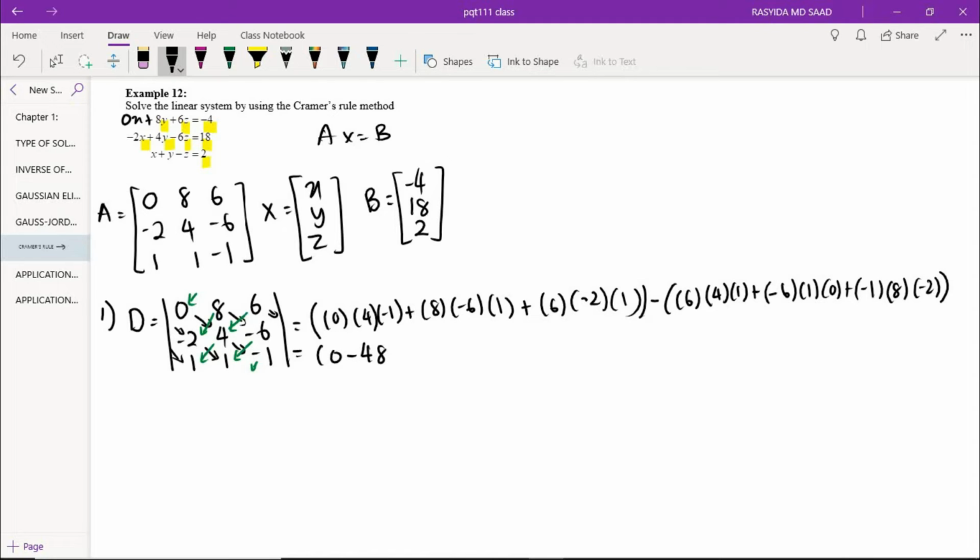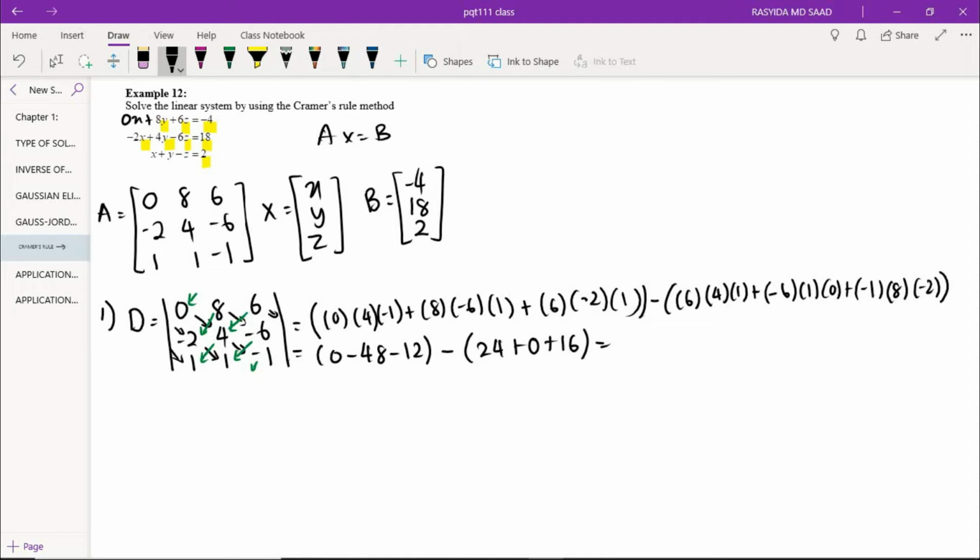Then 6 times negative 2 times 1, you get negative 12. Minus 6 times 4 times 1, 24. Negative 6 times 1 times 0, you get 0. And negative 1 times 8 times negative 2, you get 16.